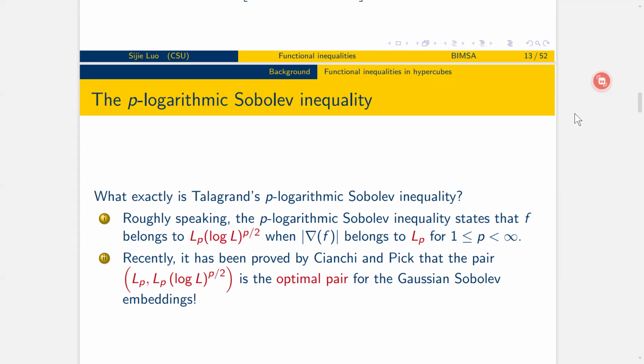So this pair they call the optimal pair among symmetric function spaces. This result had its first proof by Talagrand on the hypercube, and it was also generalized to Gaussian space.